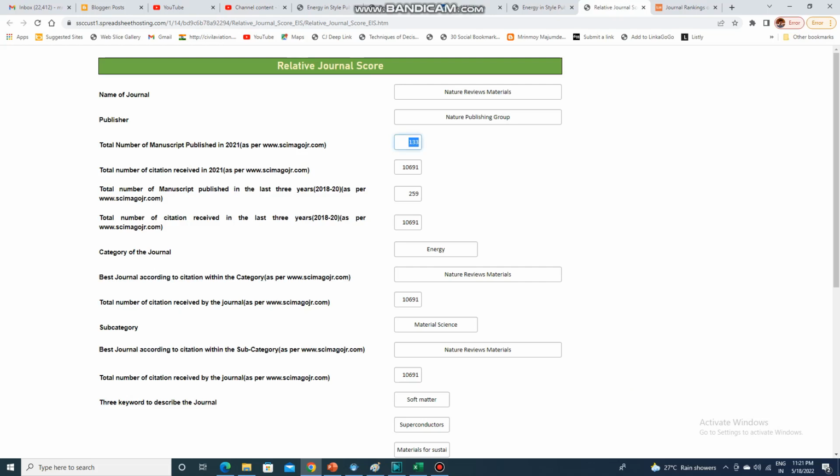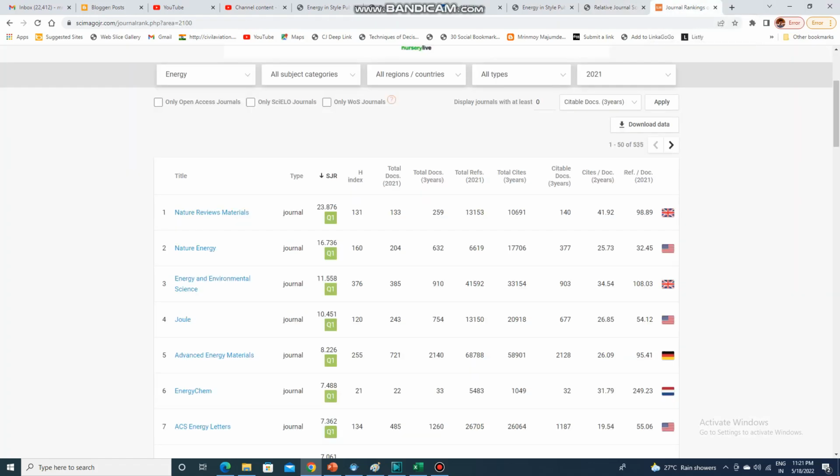Next, it will ask you the total number of citations received by the journal, this Nature Review Materials journal, in the year 2021 as per SCImago journal rank. So go to the journal ranking and you will find the total number of cites for 2021. For this you will not get it in this table.